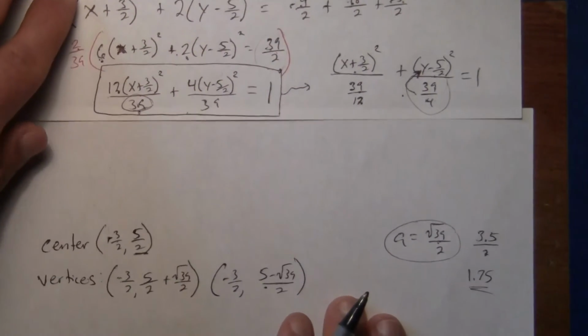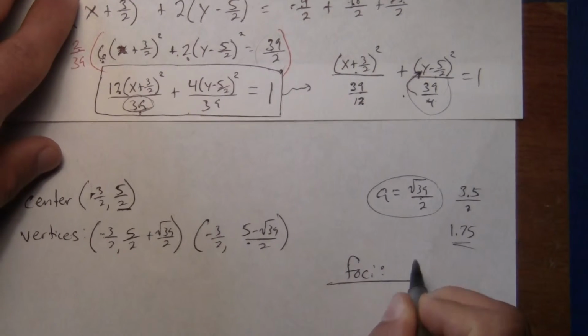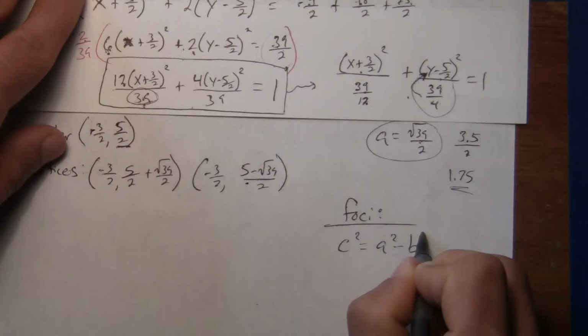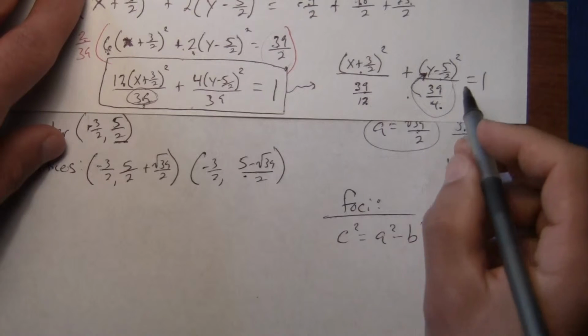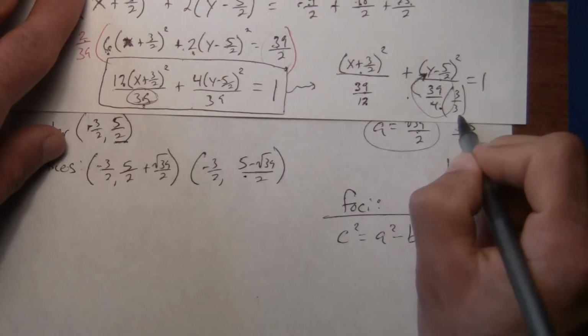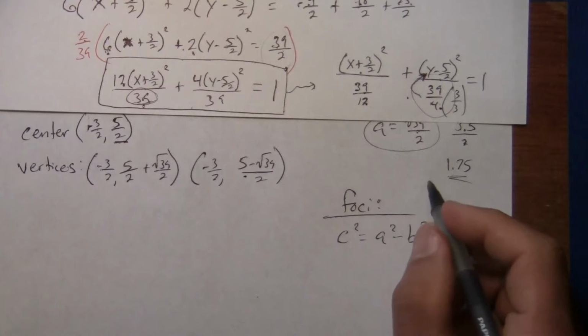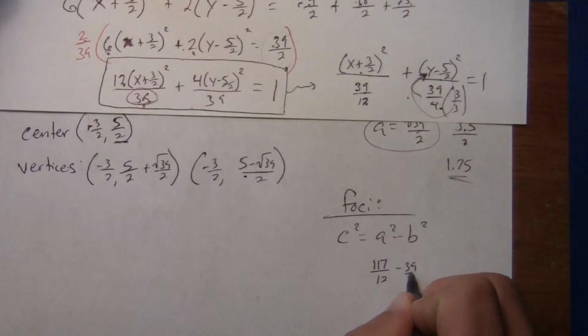And then looking for the foci. For foci, remember your equation is c squared is equal to a squared minus b squared. So since this is my a squared, probably be a good idea to get a common denominator at some point. So I could multiply by 3 over 3. And you can multiply 39 by 3 out if you need to, or that's eventually going to give you 117 twelfths minus 39 twelfths.